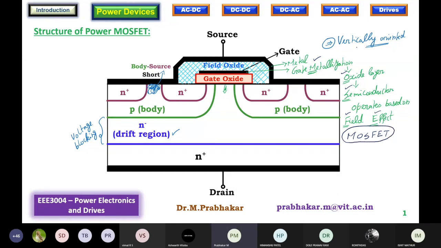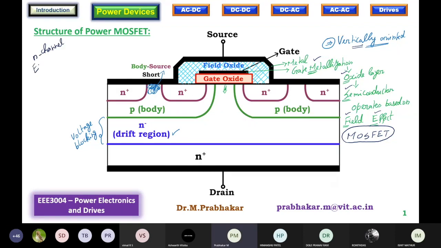That is why the vertical oriented structure is important, something I mentioned in my opening remark. Now, whatever structure we are seeing is actually an N-channel enhancement mode MOSFET. You do have P-channel enhancement and N-channels, they are preferred.